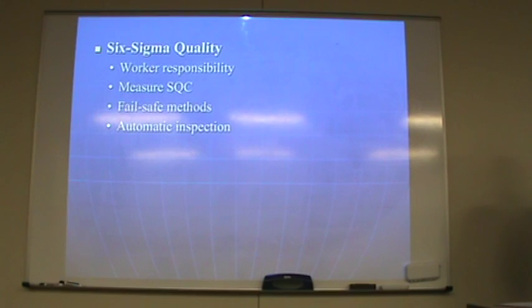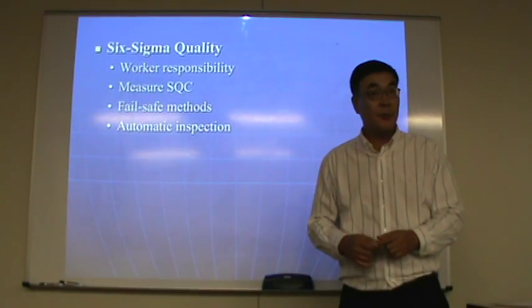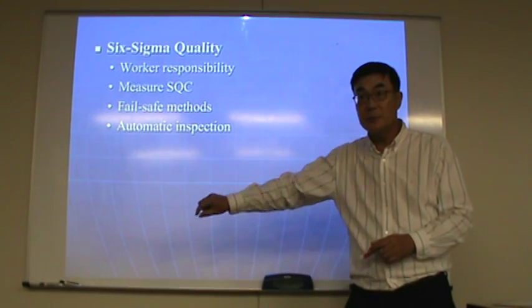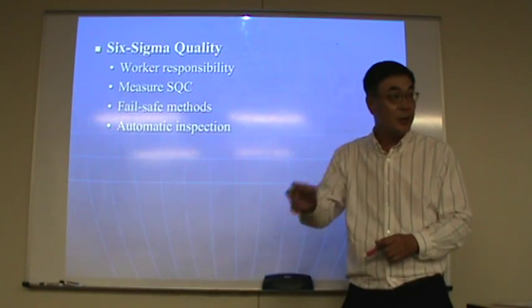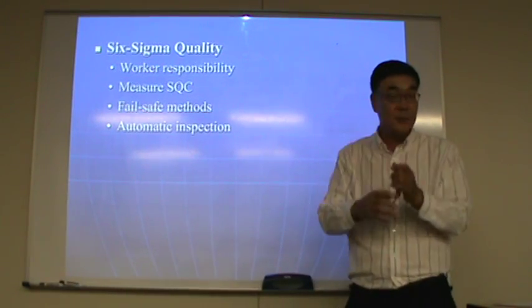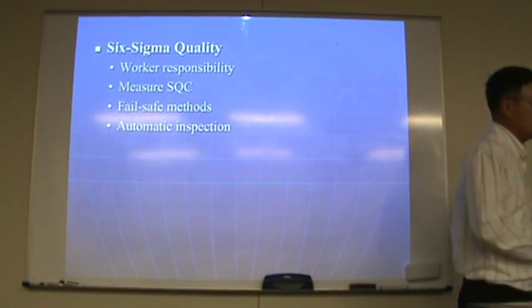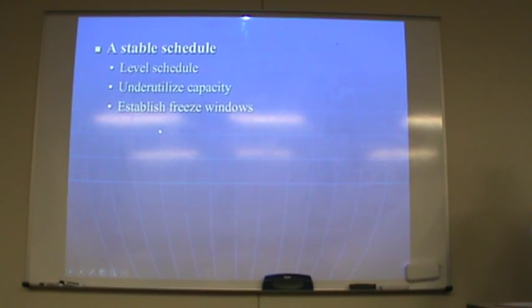And then the fail-safe method. Do you remember the fail-safe method? Different plug types, 220 Asia, here one, different types. And automatic inspection: if we can use automatic inspection, then we can use the JIT system.